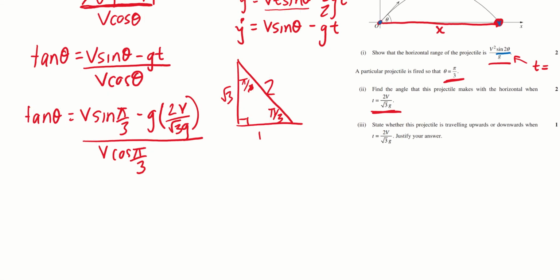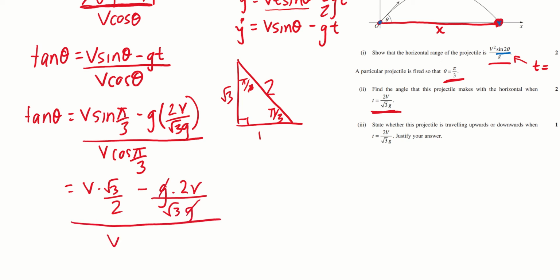Sine of pi on 3 is opposite over hypotenuse, root 3 on 2, minusing g times in by, let's see, my g's will cancel there. V cos of pi on 3, that's nicer. Okay, gives me root 3v on 2 minusing 2v on root 3.